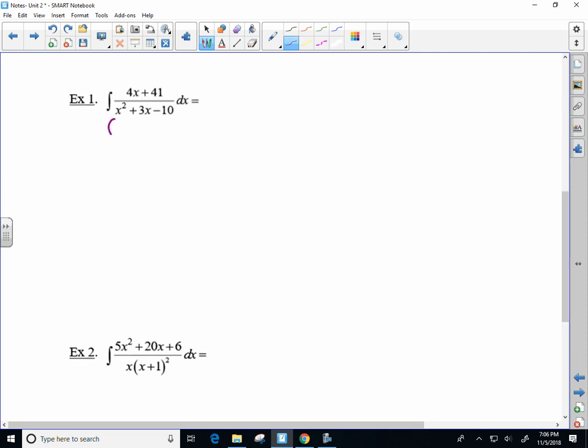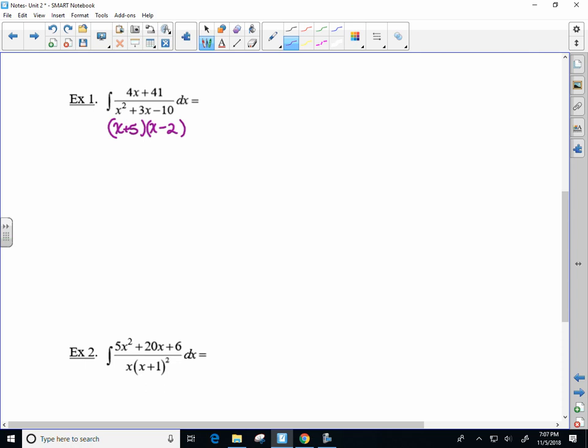So I'm going to factor the bottom. x plus 5, x minus 2? And while I'm at it, I'm going to take a look and see if there's a common factor top to bottom, because sometimes it isn't even partial fractions. Sometimes it's just a matter of factoring and canceling common factors and just using some other simpler technique. Not the case here.